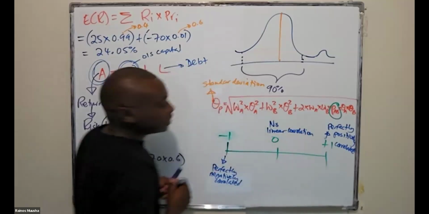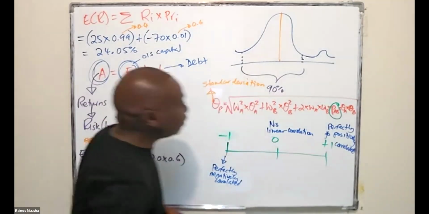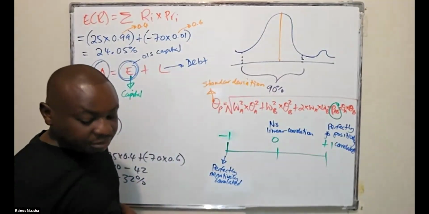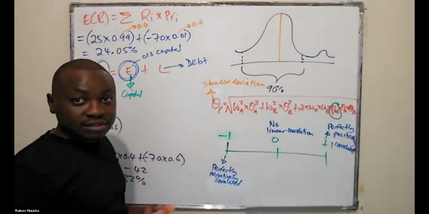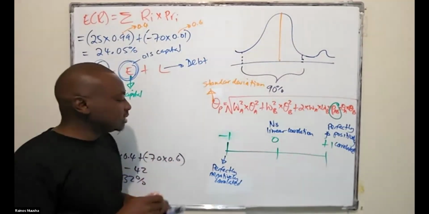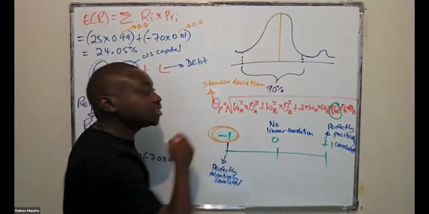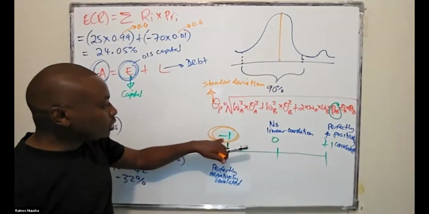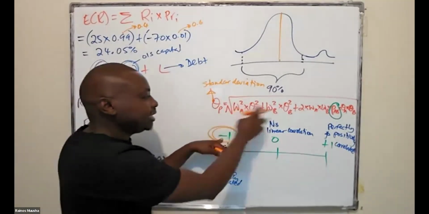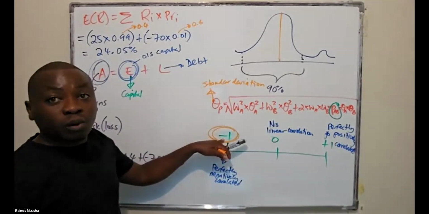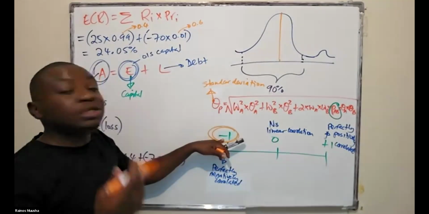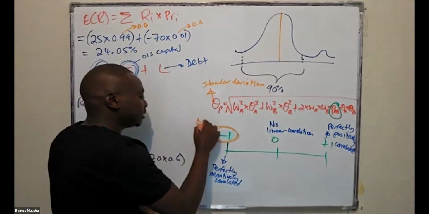Why we're interested in the correlation coefficient is mainly because when you look at the behavior of two assets, right? Remember, the idea is you want your correlation coefficient to be closer to -1 as much as possible, because the closer your correlation of the two assets A and B is to -1, the more diversified your portfolio becomes.